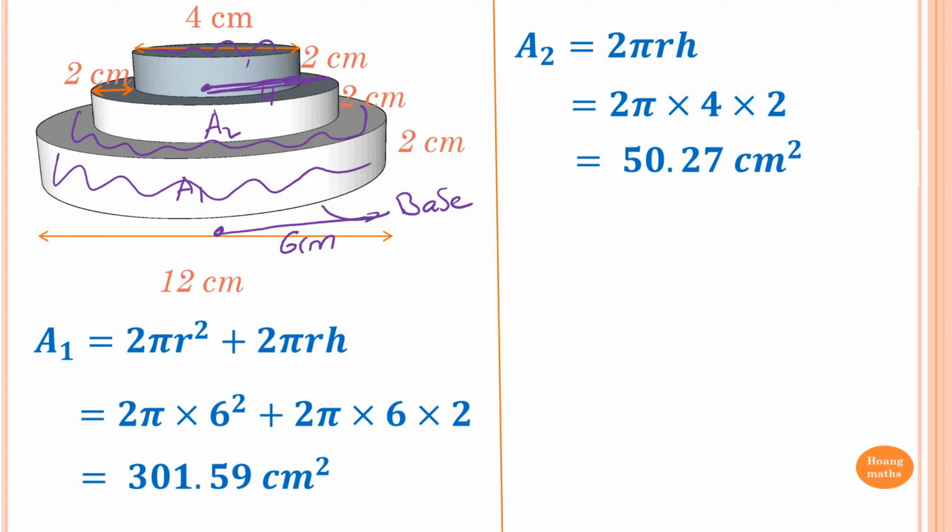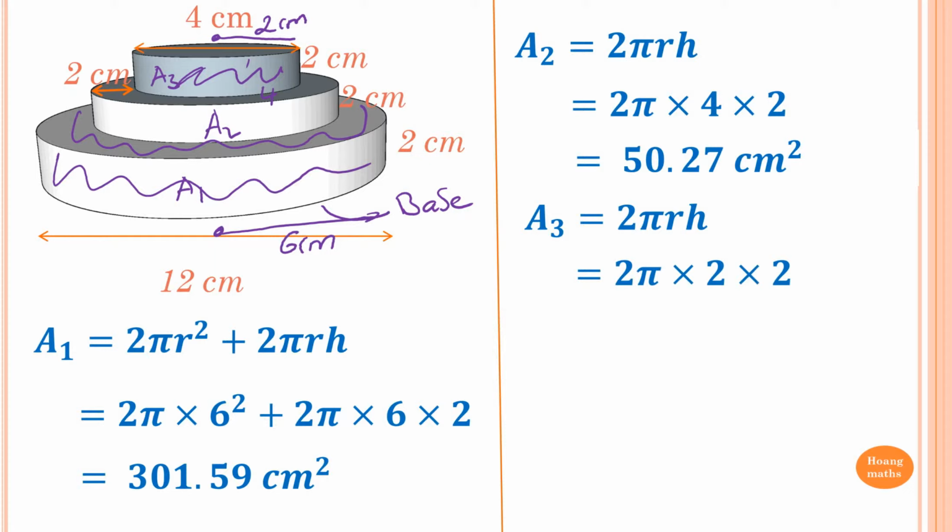Now the last thing I have is the curve on top, this curve here. Let's name this A3. For A3, the radius is 2 because from here to here is 2 centimeters, and the height is 2 as well. So A3 equals 2 pi rh, which is 2 times pi times 2 times 2.